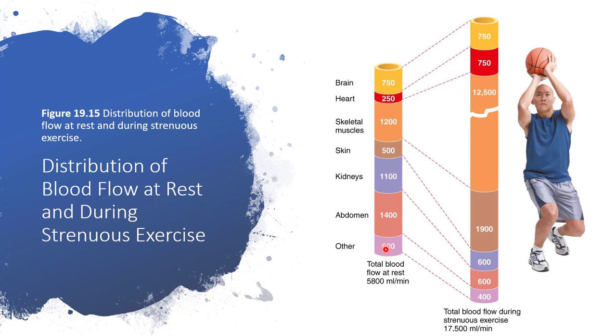There are other tissues where there is always diminishing flow, but the heart and the brain will receive the same amount, 750 ml. It cannot change. The heart would receive more together with the skeletal muscle, because these are the ones actively engaged during strenuous exercise.